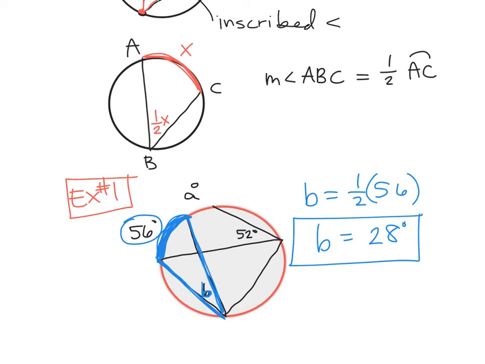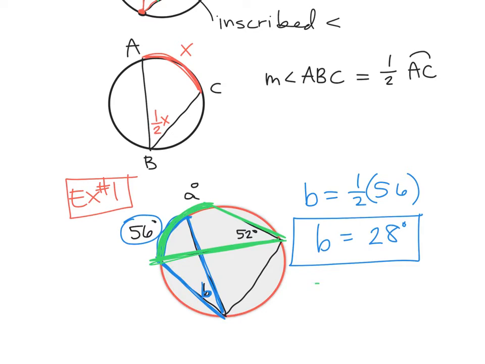The angle measuring 52 opens up to the 56 and the A. Right, 56 plus A equals 52 times 2. If you look at this angle, the 52 has an intercepted arc of this. How big is that arc? 104, right?